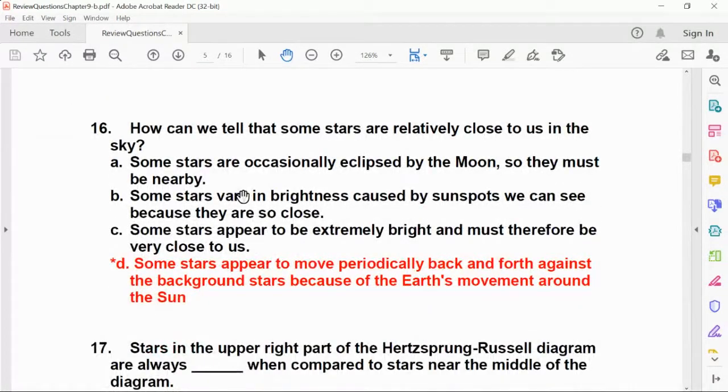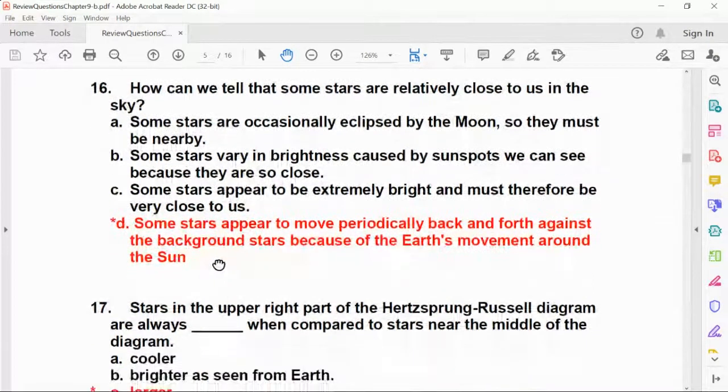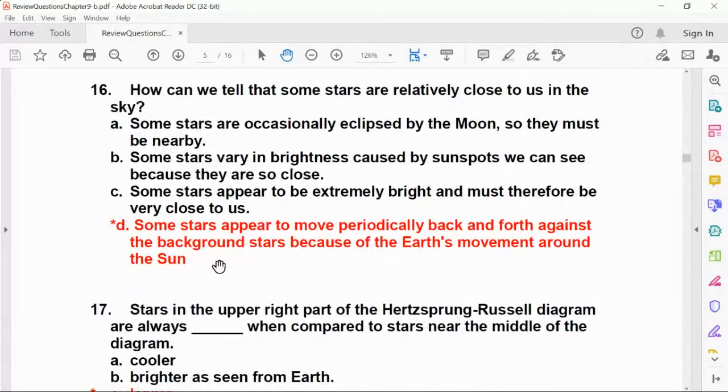How can we tell that some stars are relatively close to us in the sky? Now, when stars are far away, you cannot detect their variation, but some stars appear to move periodically back and forth against the background of stars because of the Earth's movement around the Sun.